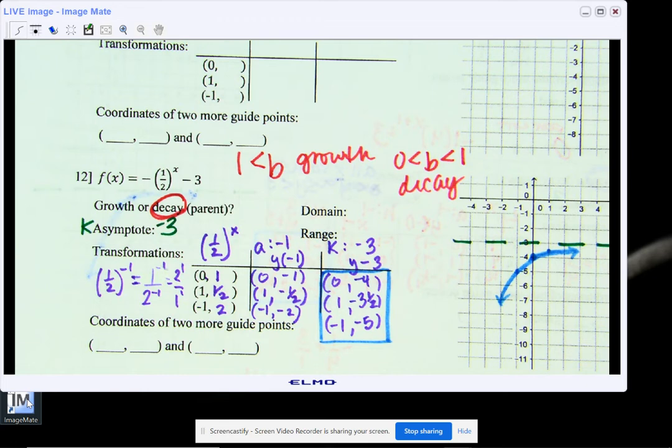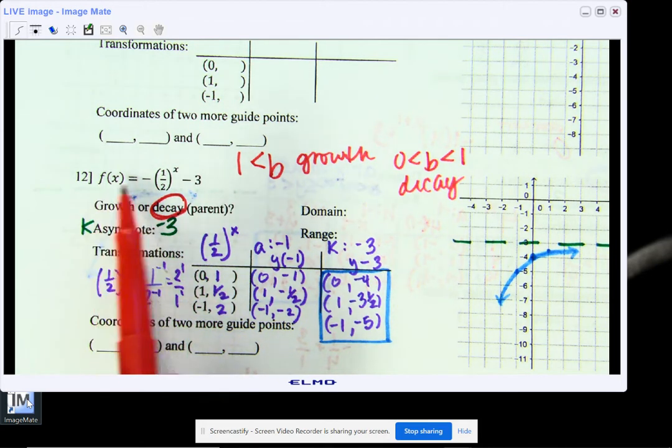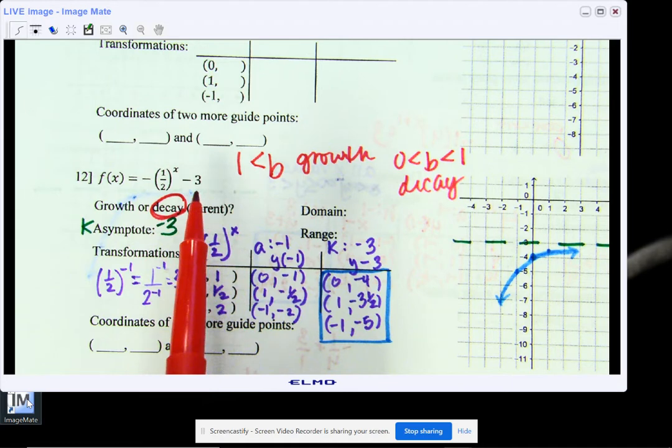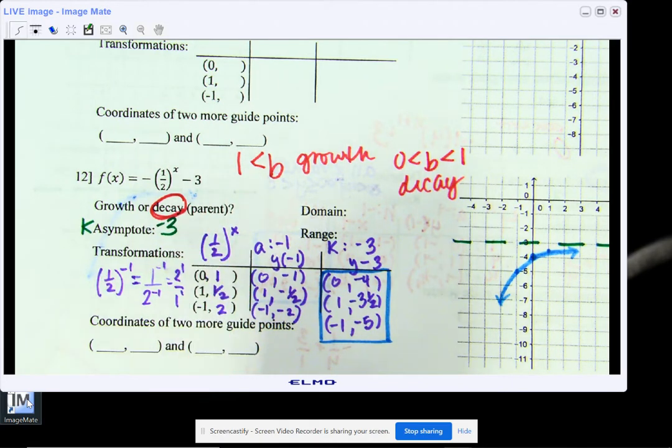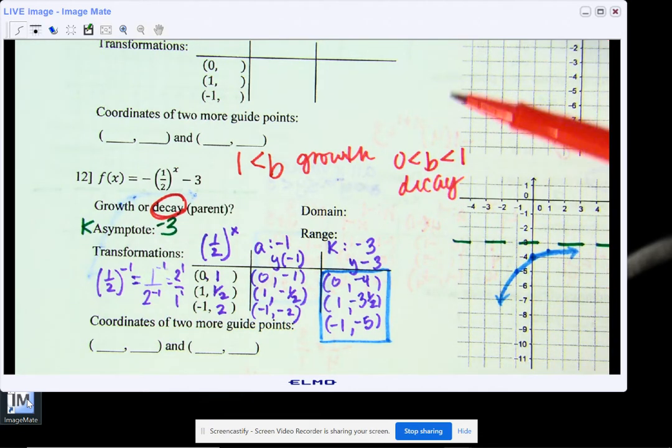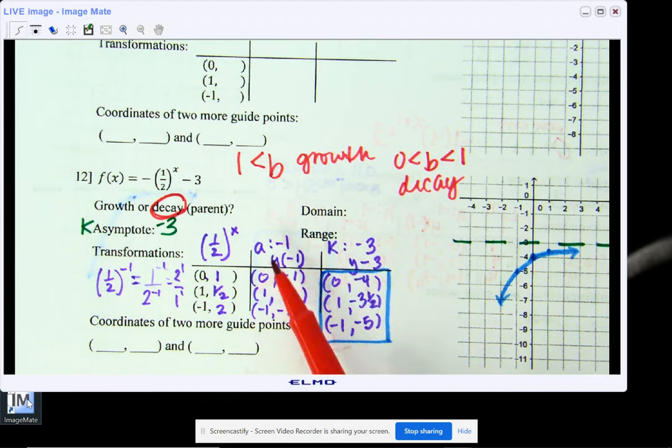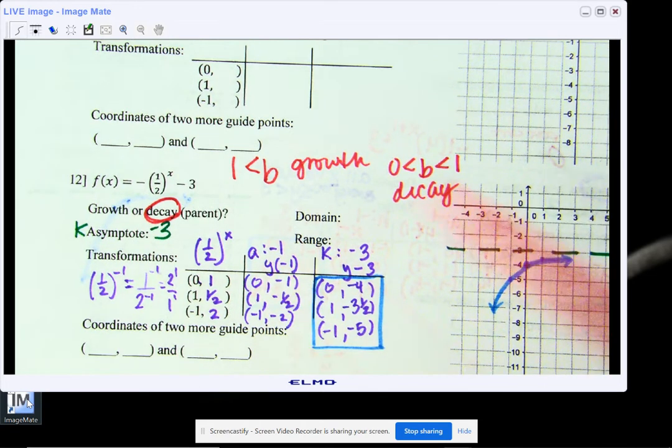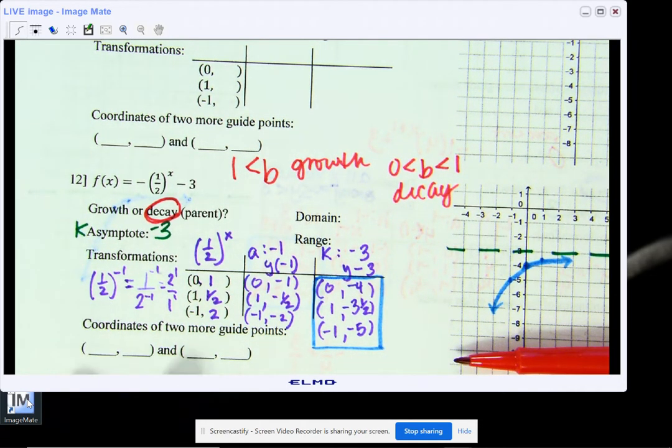That might be something that takes you a little bit to get the hang of, but there will be a point that without graphing, you're going to have to describe these kinds of things. You're going to have to look at the function and tell me right away, is it a growth or decay? Is it going to be drawn below the asymptote or above the asymptote? And if you remember, the a being negative creates a curve underneath the asymptote.